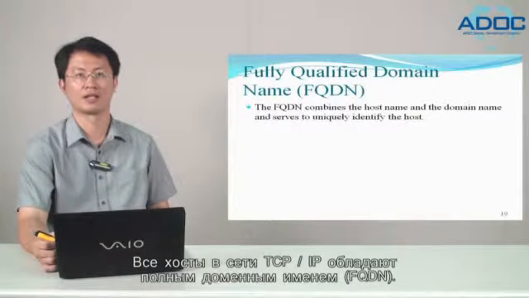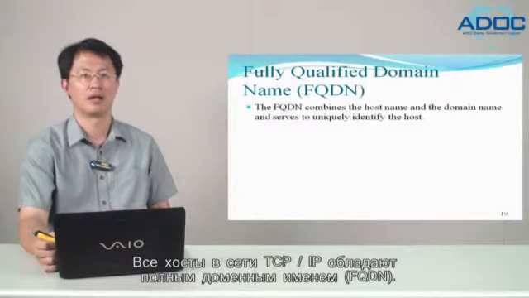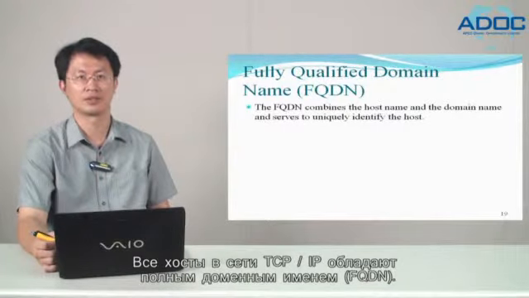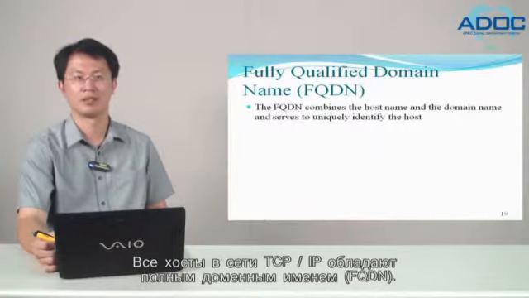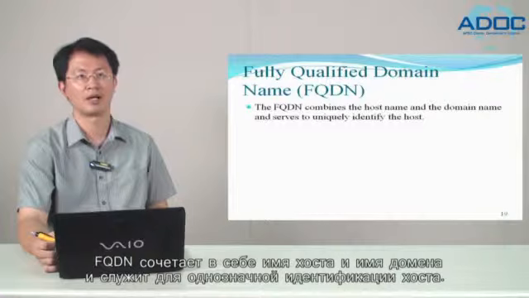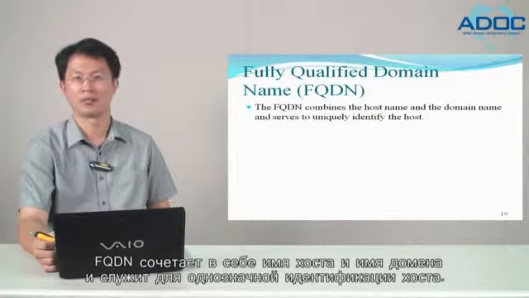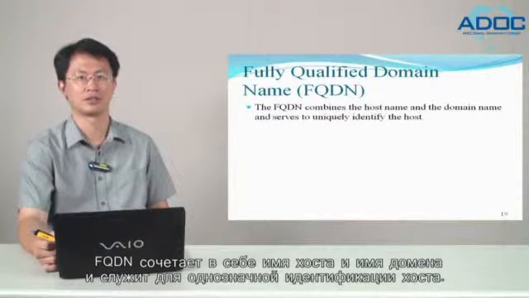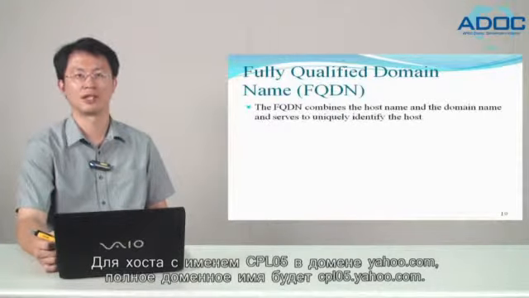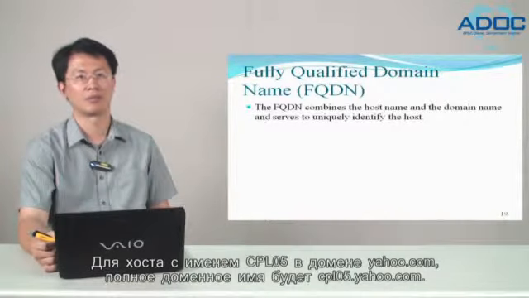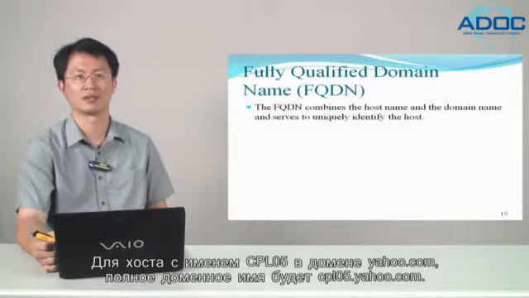All hosts on TCP/IP networks have what is called a fully qualified domain name, FQDN. The FQDN combines the host name and the domain name and serves to uniquely identify the host. For a host named CPL05 in the yahoo.com domain, the FQDN would be cpl05.yahoo.com.